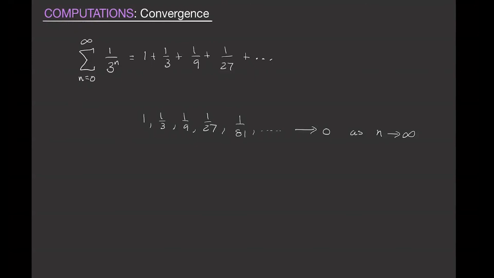So, an important point about the divergence test: the first part of the statement is that if the terms don't go to 0, then the series diverges.